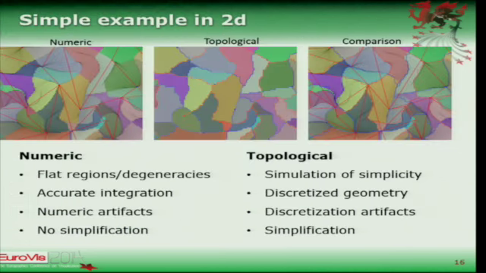So let's look at a simple example in 2 dimensions. On the top left, you have the dissipation elements computed through integration. Basically, just start a streamline upwards and downwards from each grid location and color according to the origin and destination. In the topological case, we go through the discrete Morse theoretic approach with the accurate geometry algorithm.